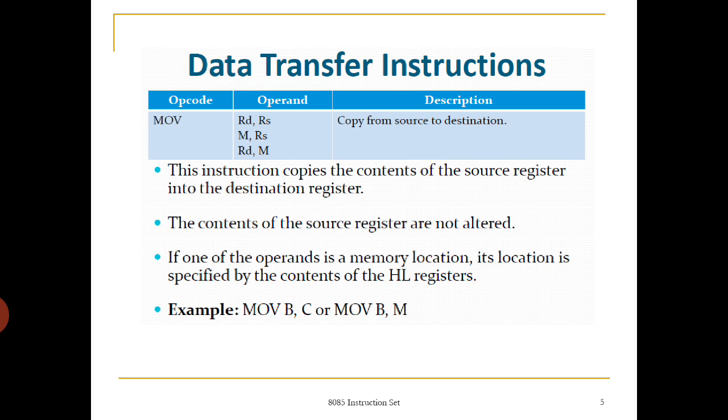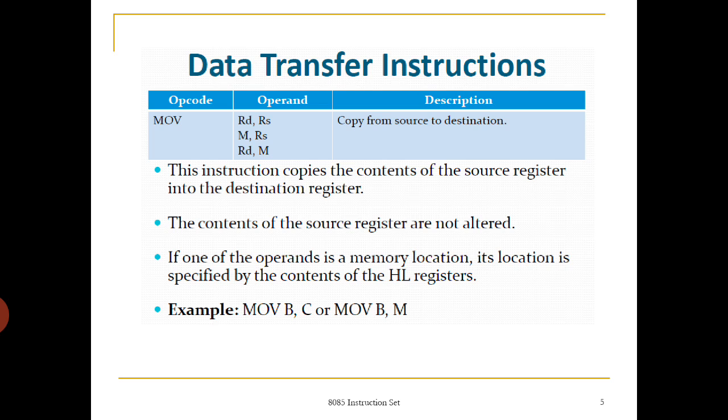If one of the operands is a memory location, its location is specified by the contents of the HL register. Whenever memory comes, it points to the HL register. So you have to remember, whenever memory comes, it is pointed to by the HL register.